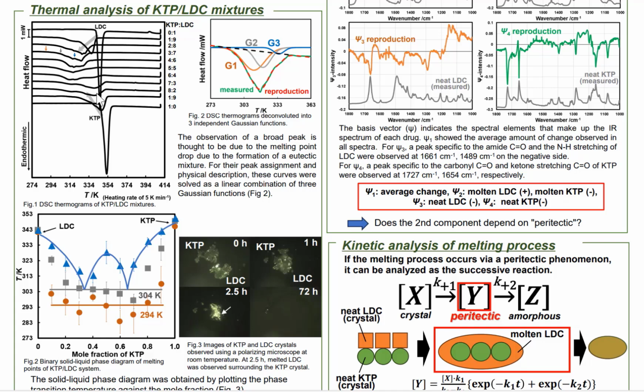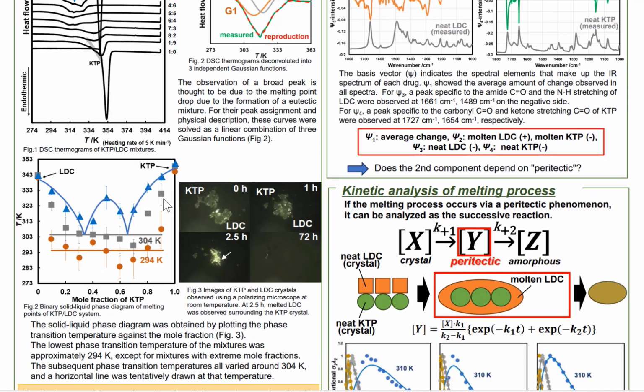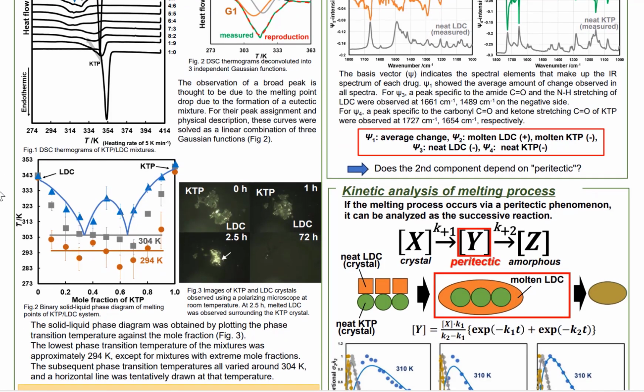For the assignment and physical interpretation of those peaks, we used 3 Gaussians as basis functions to reproduce the measured values. We created a solid-liquid phase diagram with the temperature at the left leg of the peak as the melting point.